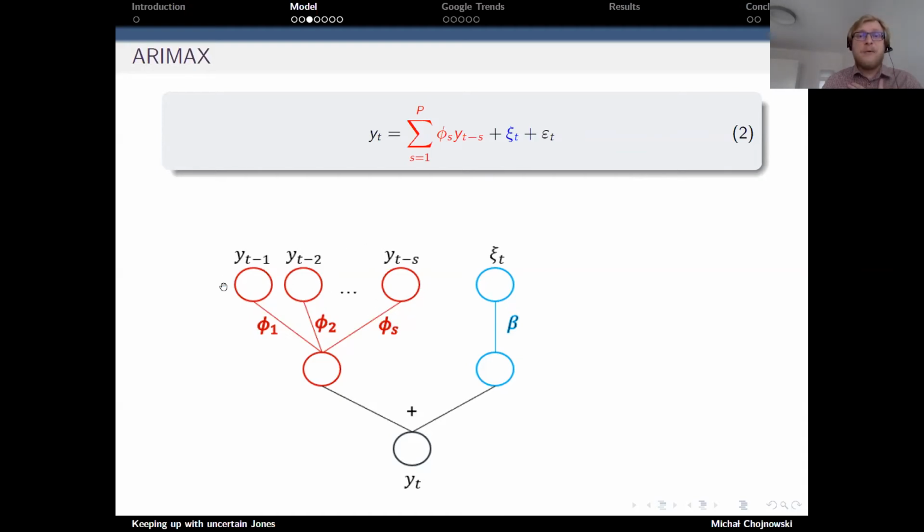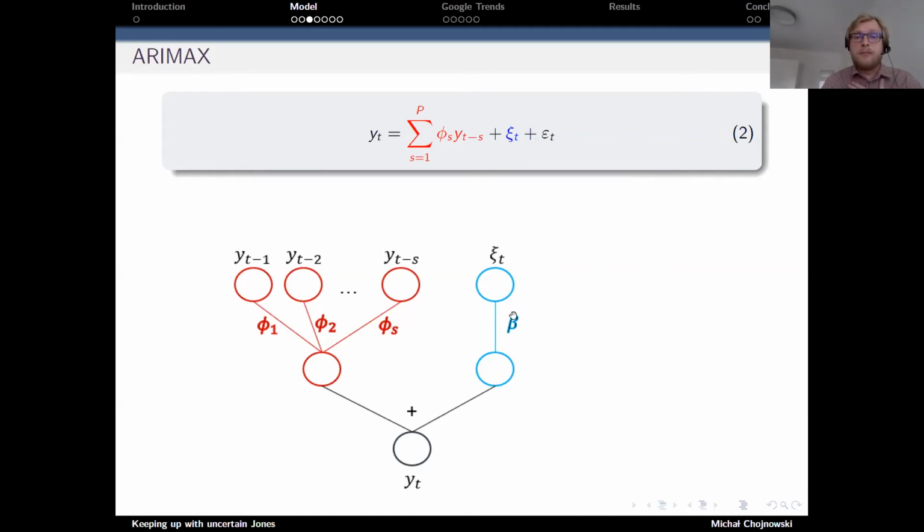So basically the red part of the neural network is identical to the linear part, the red part in the ARMA equation. And here I'm not talking about Google Trends yet. I'm just showing the possibility of how the market sentiments can be connected to this model.